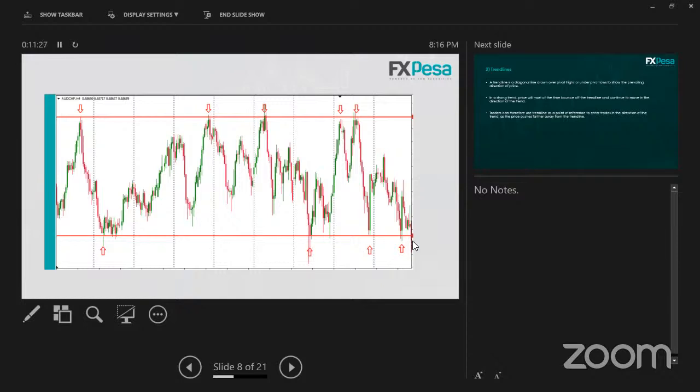The two lines normally act as a point of reference. Don't forget that they don't represent an actual price. So the two lines, you are going to draw them on your chart.